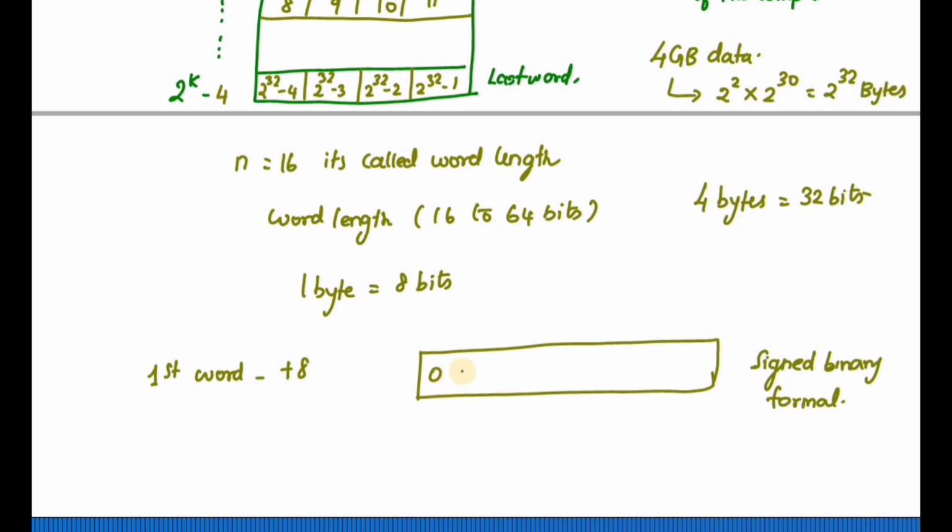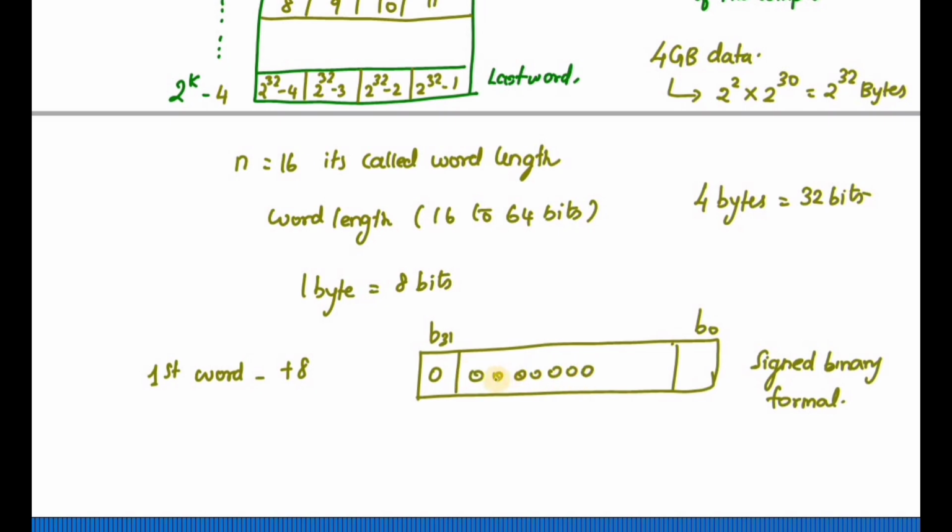This is my bit 31, and this is my bit 0, so it has to be 32 bits.